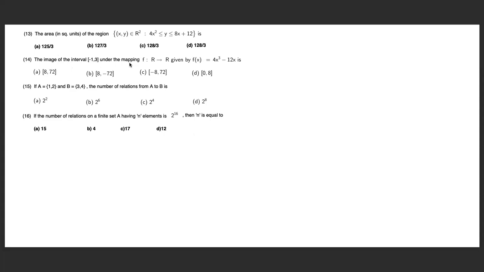Under the mapping R to R, the function is given. So let us solve that.